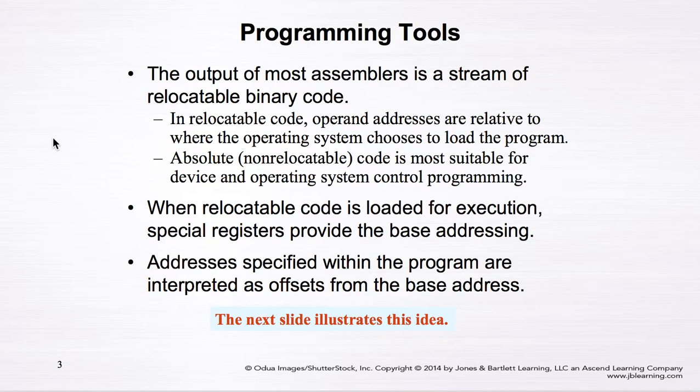So basically, absolute code just has fixed addresses in memory. When the relocatable code is loaded for execution, a special register provides the base addressing. Basically, the addresses specified within the program are interpreted as offsets from the base address.